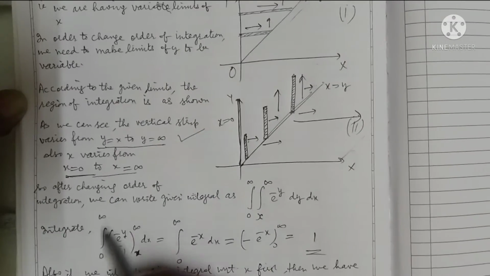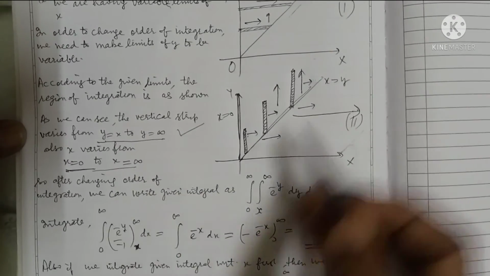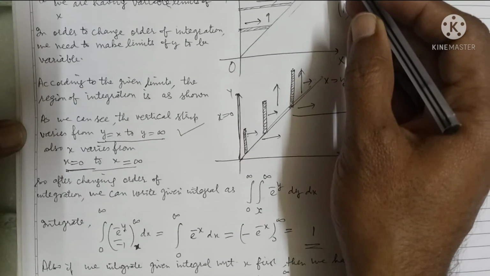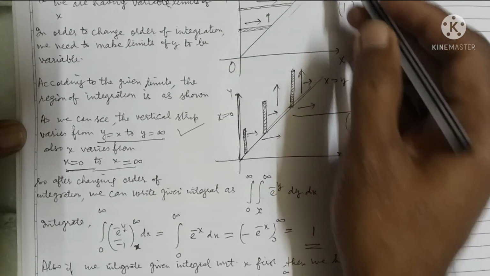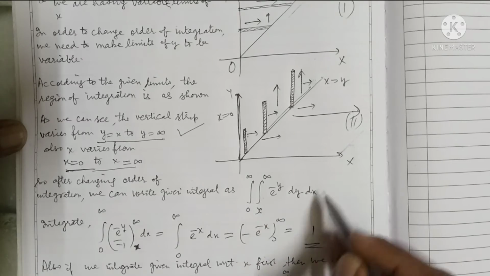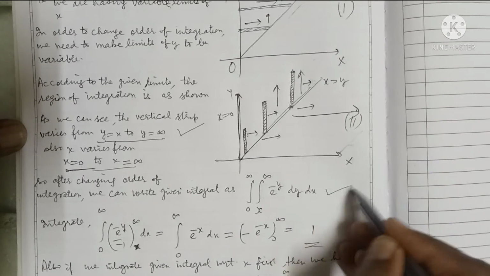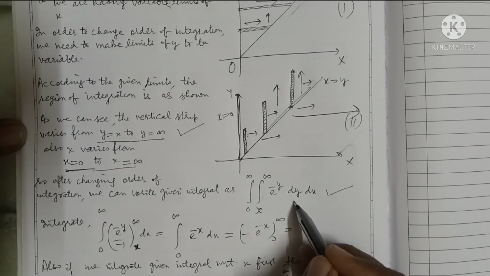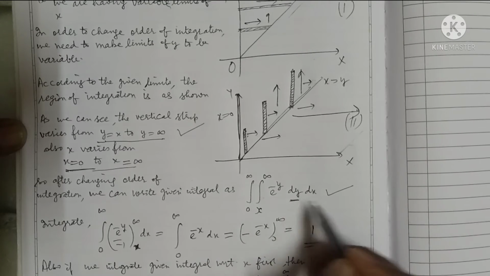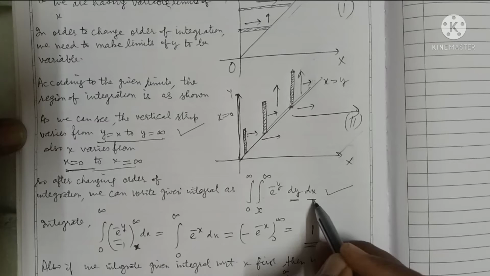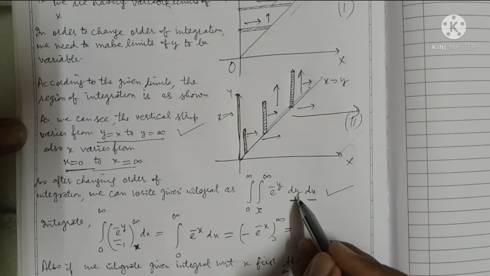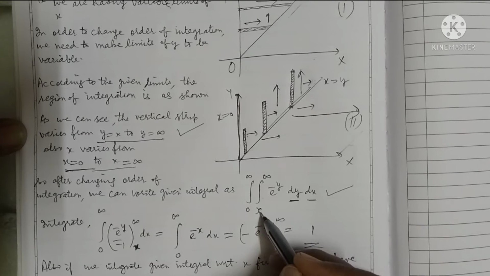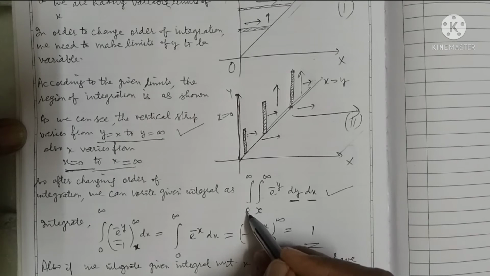Okay, so we can rewrite the given integral after changing the order of integration. We can write the given integral as this integral, right? You can see here we are using dy in the first place and dx in the second place because we now have limits of y as variable limits and limits of x as constant limits.